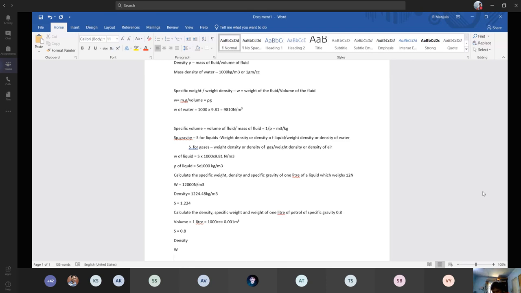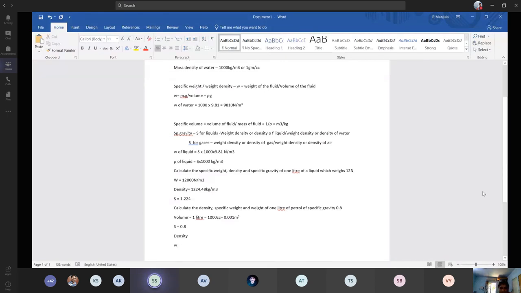It has been asked weight. So you know specific gravity, you can calculate the weight. Ma'am, density is 800 kilogram per meter cube. Okay. Ma'am, weight is 7.648 kg.